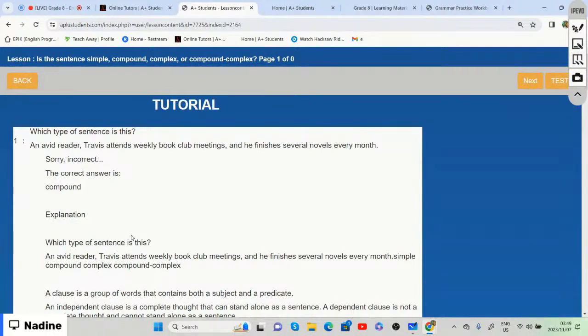And a complex sentence has both an independent clause as well as a subordinate, or dependent, clause. Which means that the dependent clause is dependent on the independent clause within that sentence.